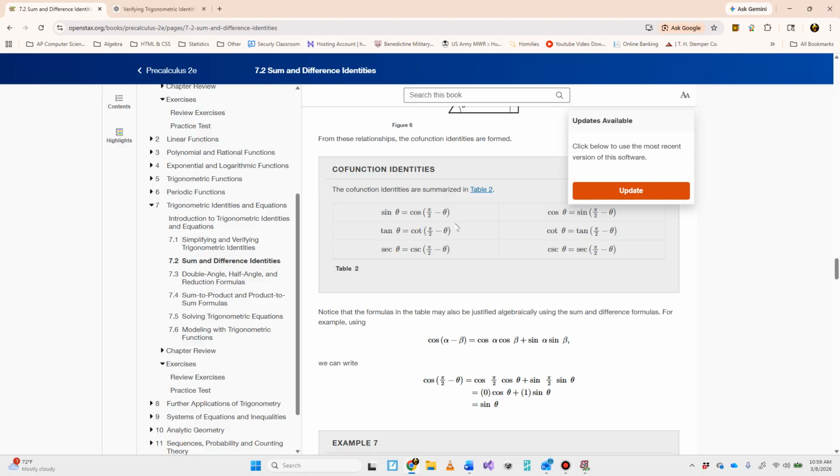Well, you would write down what pi over 2 minus pi over 7 is, and whatever that angle is, when I take its cosine, it is equal to the sine of pi over 7. That's what a cofunction identity is. I can take an angle that I know, and I could use a cofunction to represent it in a different way. That's all it really is doing.